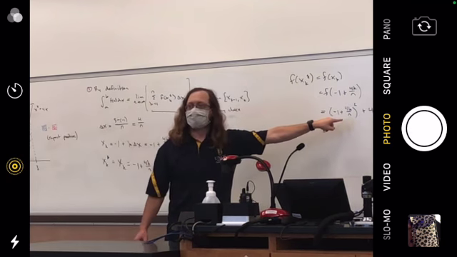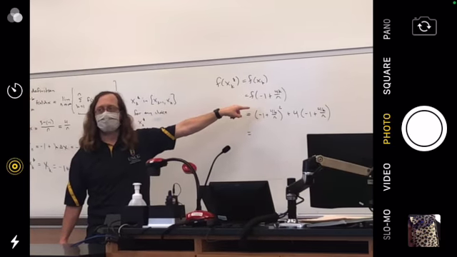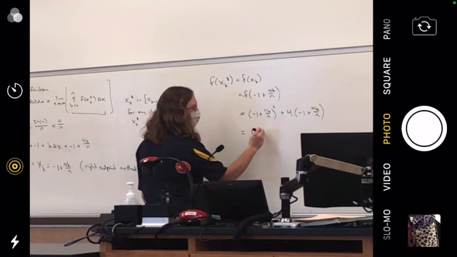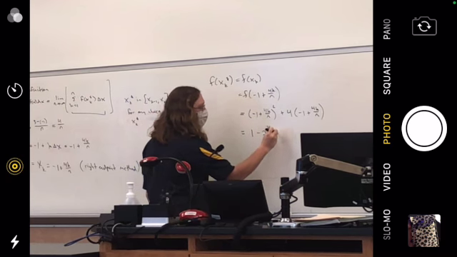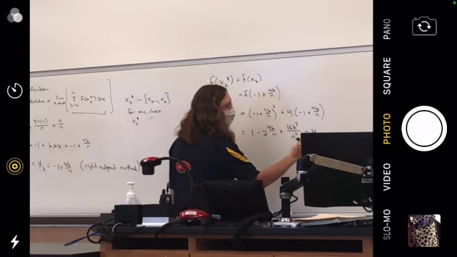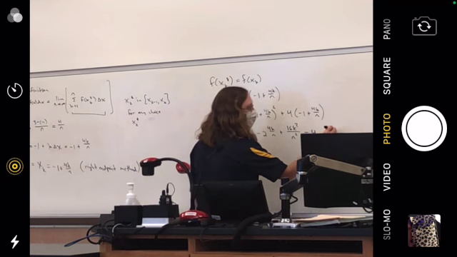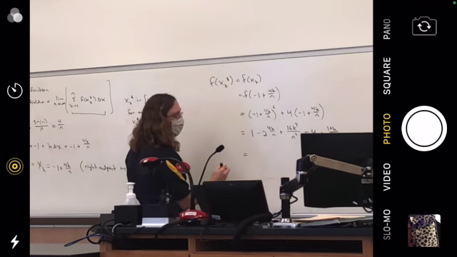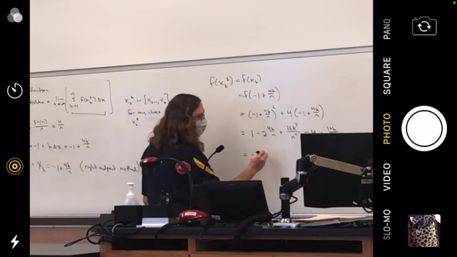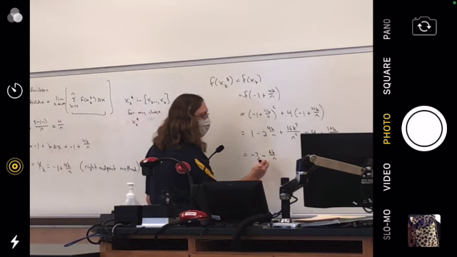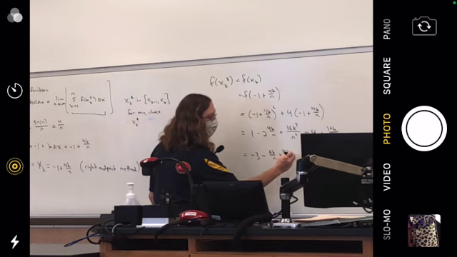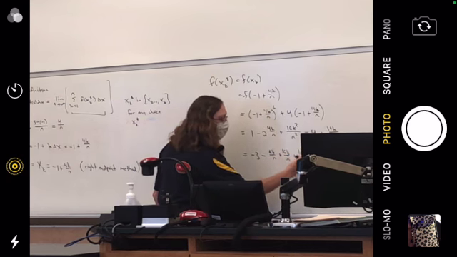So I'm going to make this look like those, which really just means I'm going to expand everything. If I expand everything, I'll get 1 minus 2 times 4k over n plus 16k squared over n squared, minus 4 plus 16k over n. So clean this up. 1 minus 4 is -3, minus 8k over n plus 16k over n, plus 16k squared over n squared.